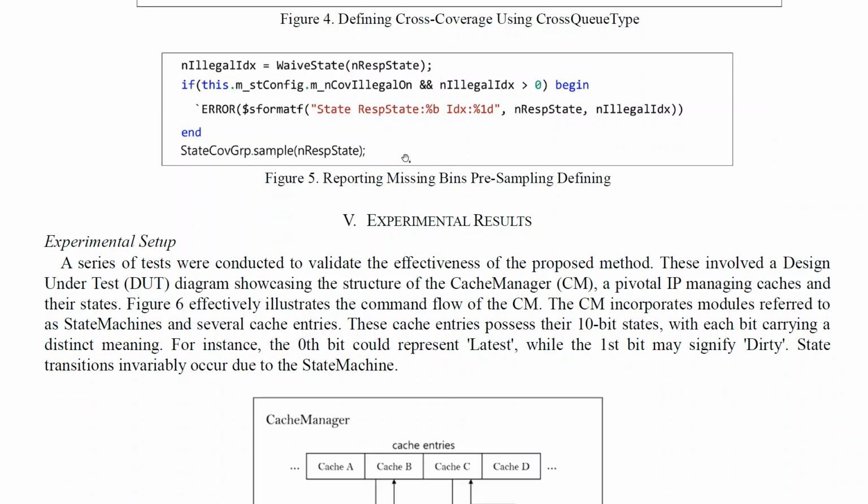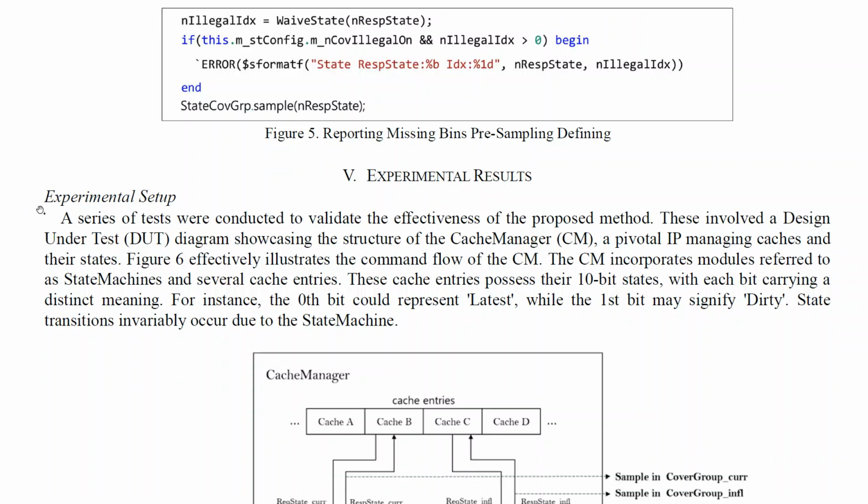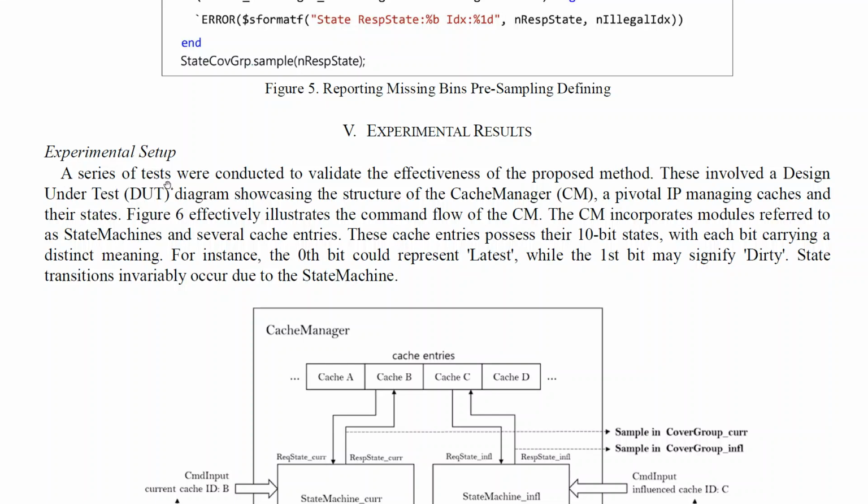Chapter 5, Experimental Result. Section, Experimental Setup. A series of tests were conducted to validate the effectiveness of the proposed method. These involved the design under test, a DUT diagram showcasing the structure of the CacheManager (CM), a pivotal IP managing caches and their states.